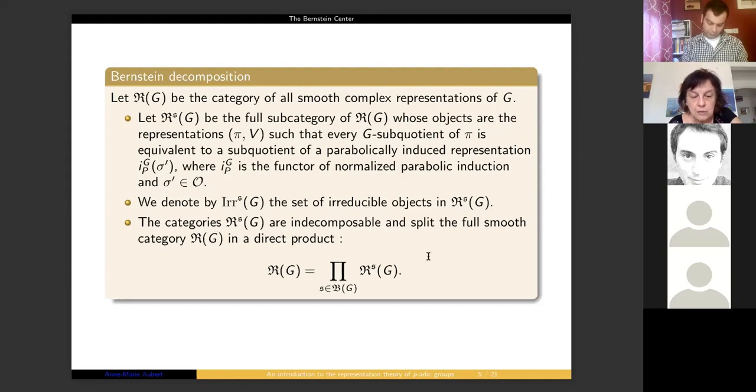These subcategories are indecomposable and split the full category R(G) in a direct product. This is a very important and useful result, because in order to understand the category, it allows us to fix one S and look at this subcategory R_S. This is interesting because these subcategories have interesting properties and a very rich structure that we will try to explain later.